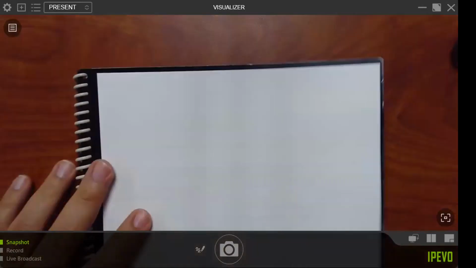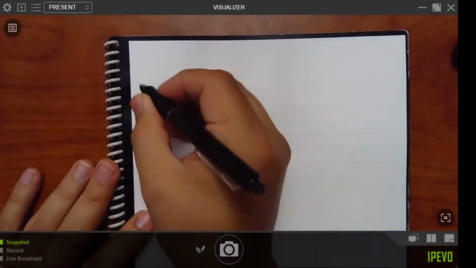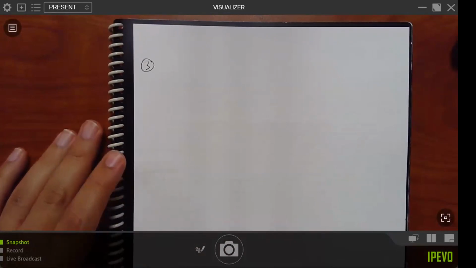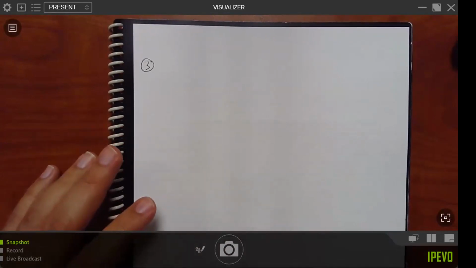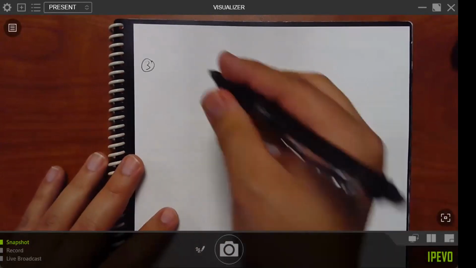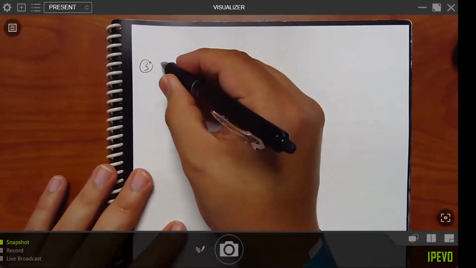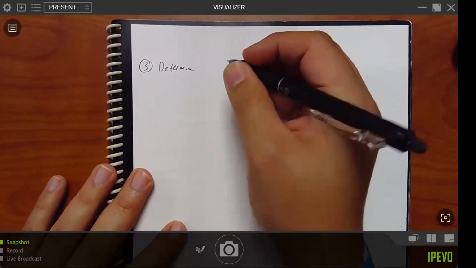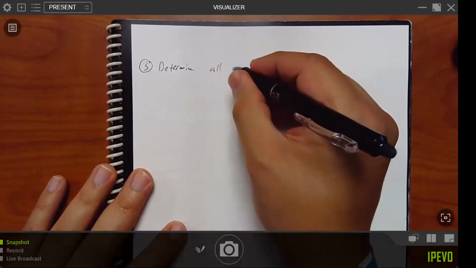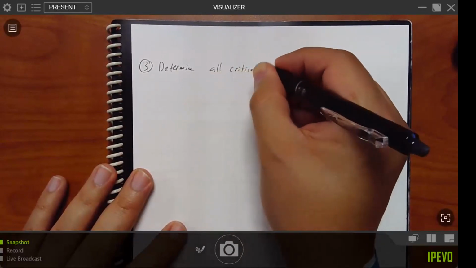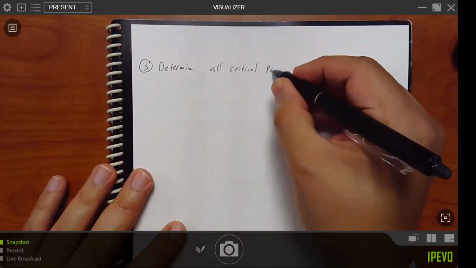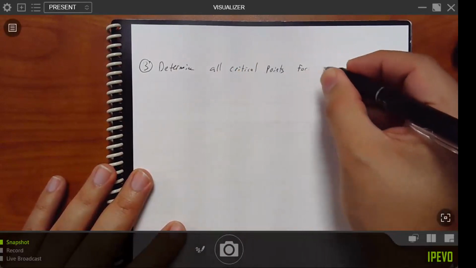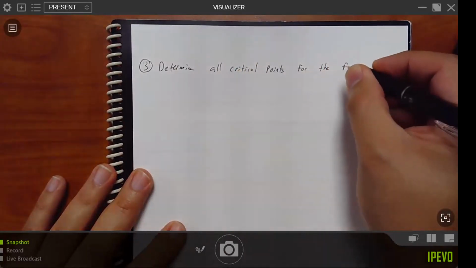Let's move on to 3, I guess. Determine all critical points for the function.